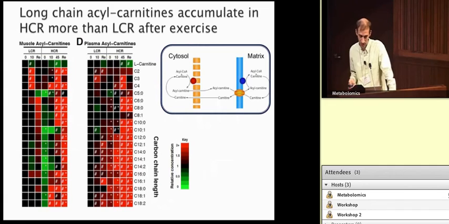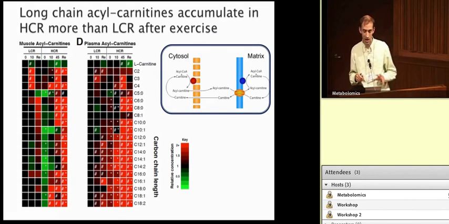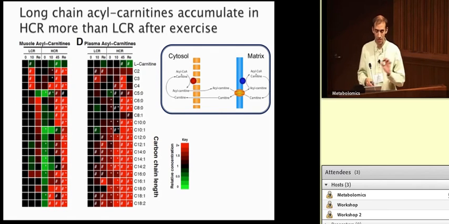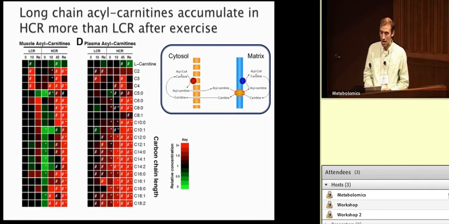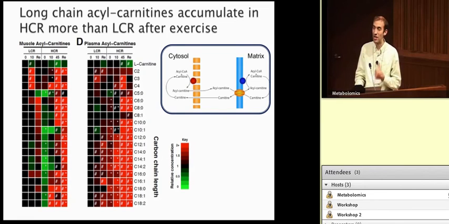Another interesting difference that we observe is in the acyl-carnitine profiles. And so acyl-carnitines were mentioned once earlier today. They are a metabolite that is involved in transfer of fatty acids into the mitochondria for metabolism, and also in the transport of products of metabolism of glucose, short-chain fatty acids, branched-chain amino acids, and even long-chain fatty acids out of the mitochondria.